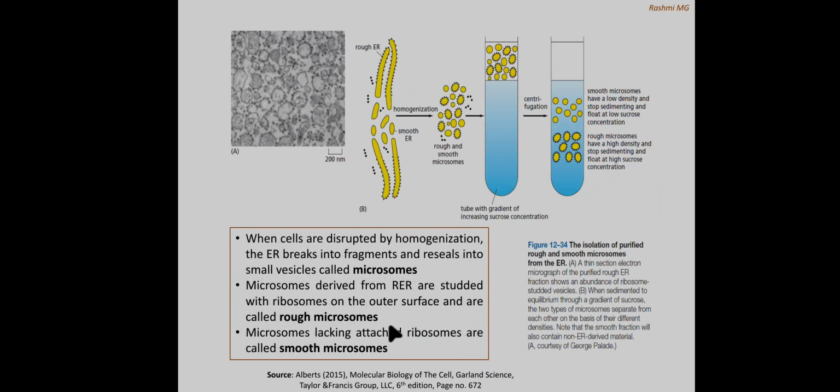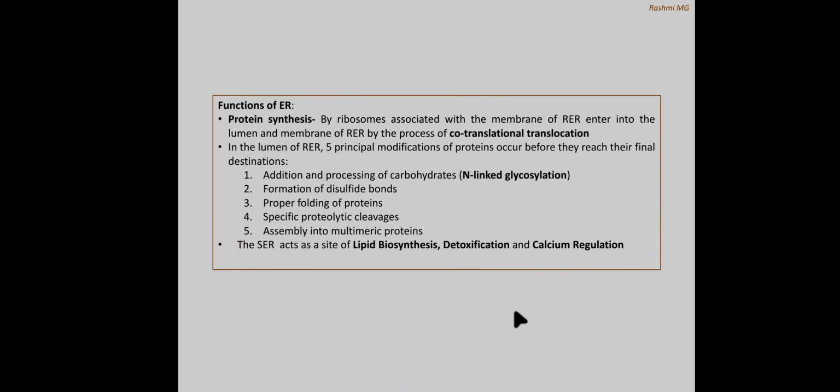When cells are disrupted by homogenization, the endoplasmic reticulum forms microsomes. The microsomes which are studded with ribosomes are known as rough microsomes. The microsomes which are not studded with ribosomes are known as smooth microsomes.